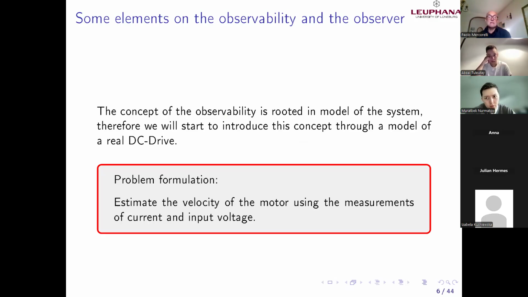This means I don't measure the velocity, and I try to estimate it. Please pay attention: estimator and observer are the same. Very often we use them with the same meaning, even though there is a difference. An estimation is an observation, excuse me.